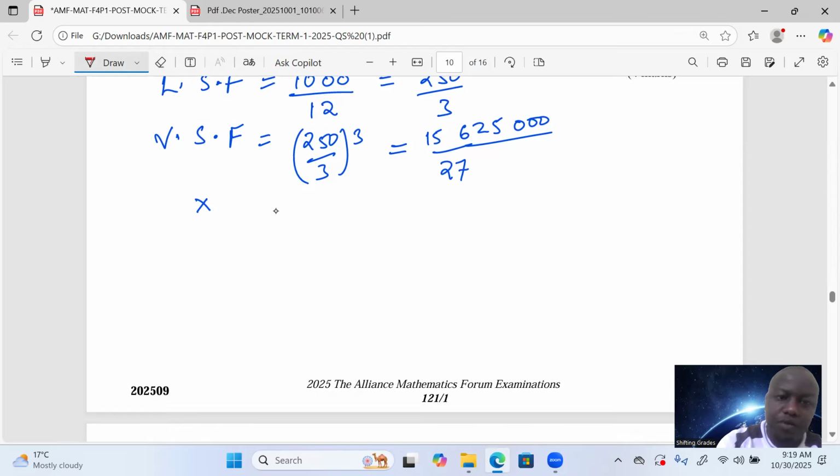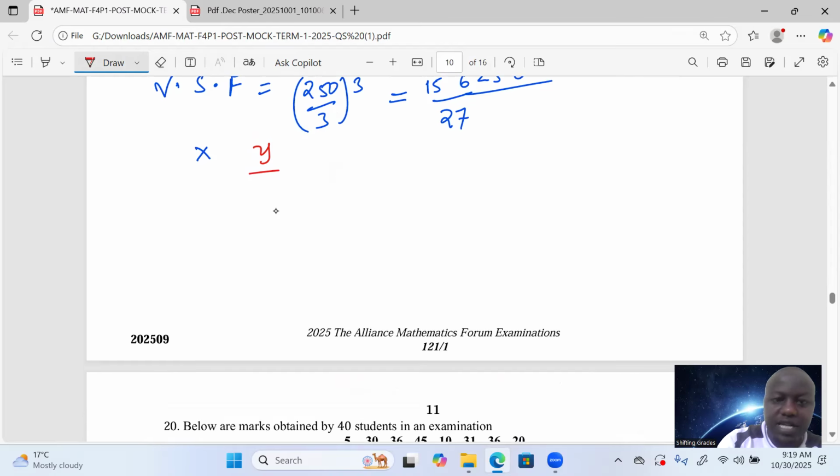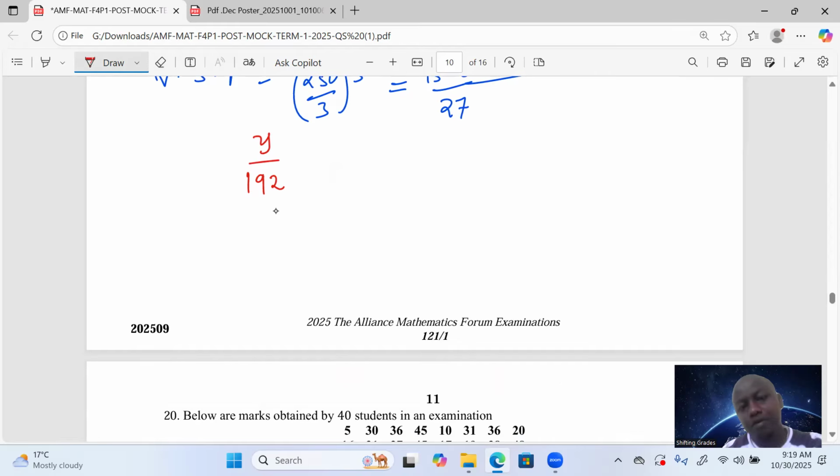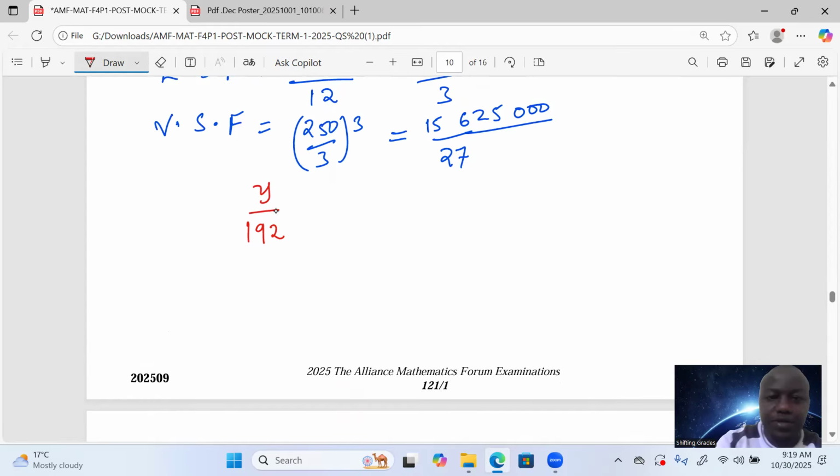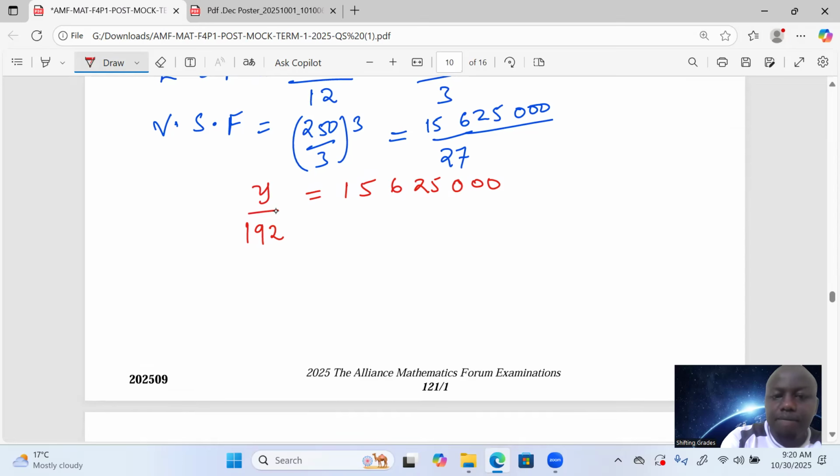In case we take y, which is now the volume of the bigger tank, out of 192, the volume of the smaller, we are supposed to get the volume scale factor, 15,625,000 out of 27.